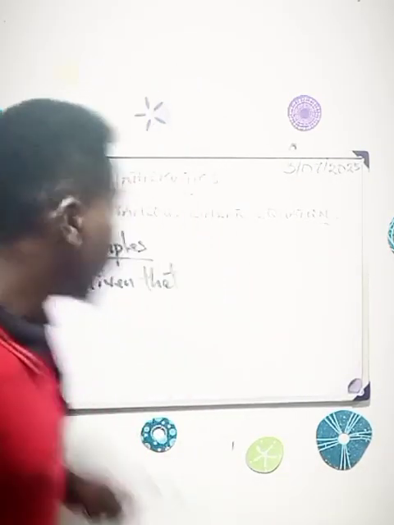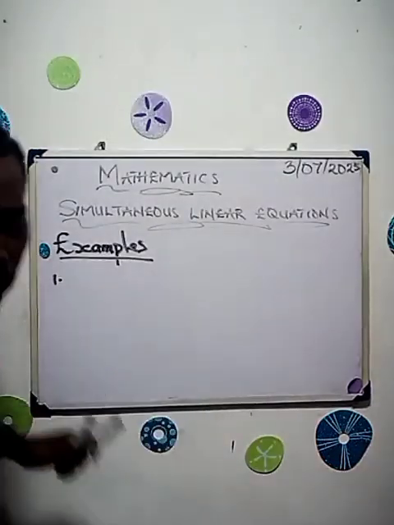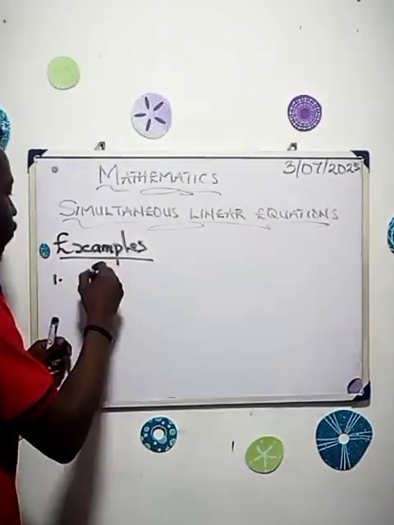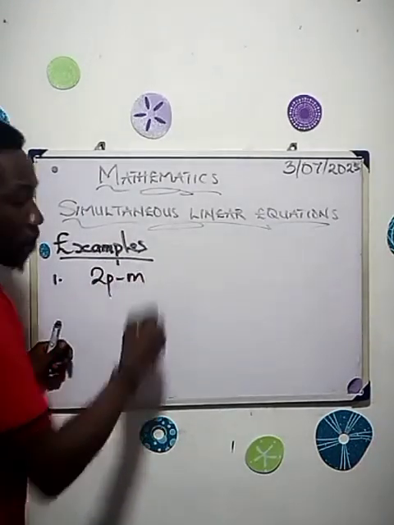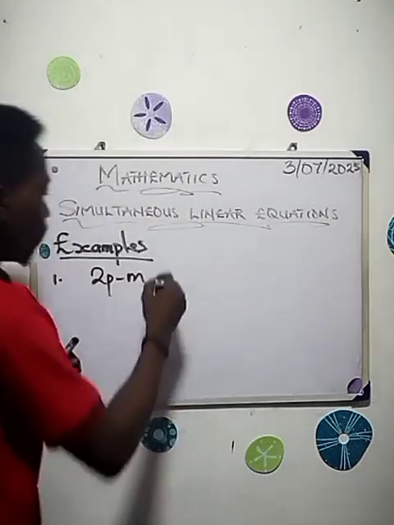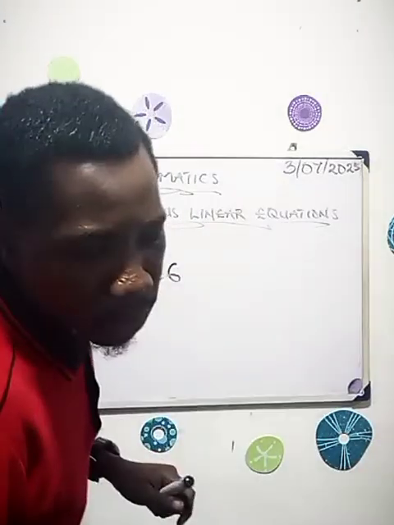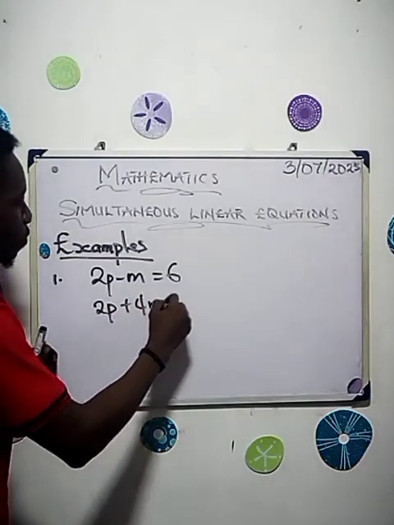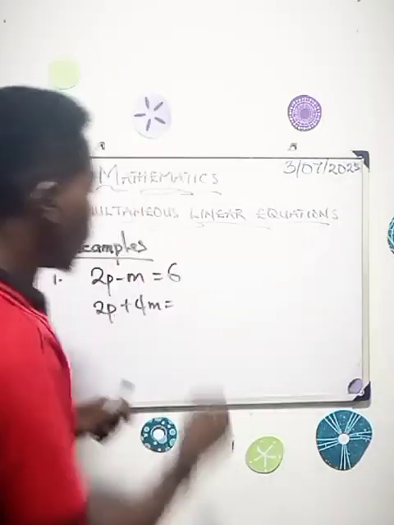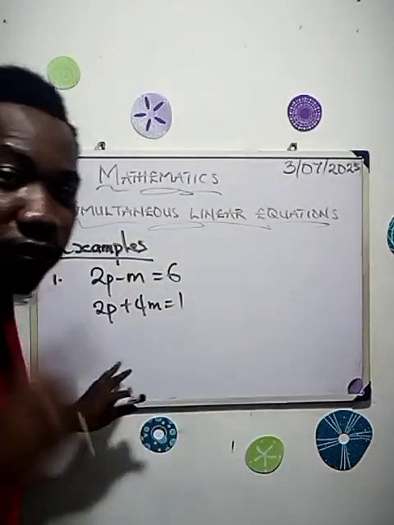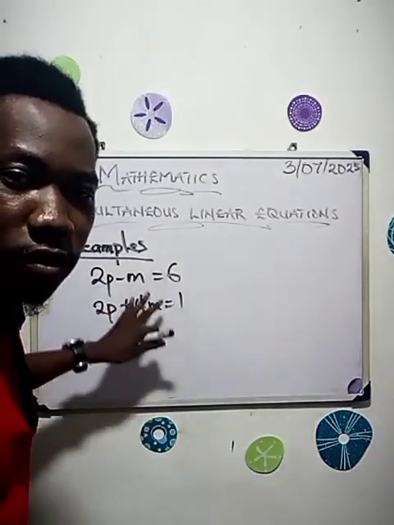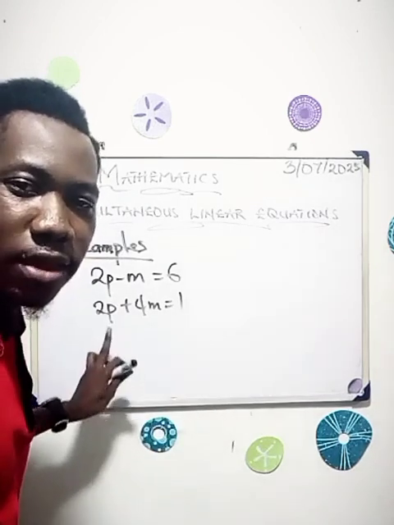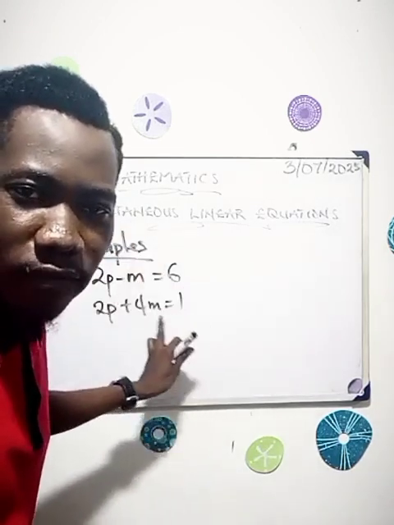The question is, solve the equations 2p minus m equals 6, and the other one is 2p plus 4m equals 1. So we are asked to solve this simultaneous equation. We have to solve for this to get the value of p and also to get the value of m.